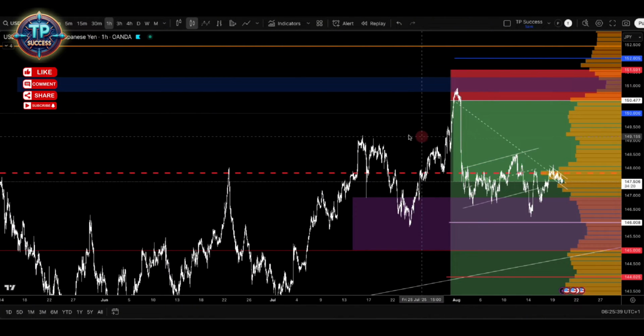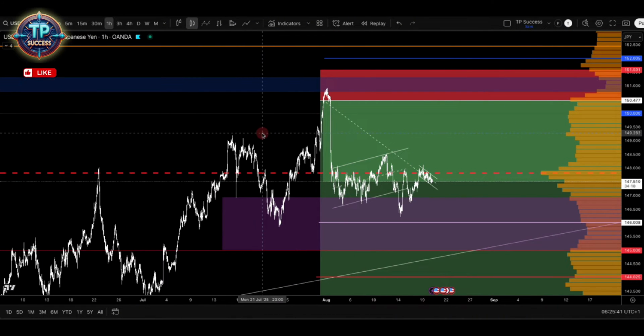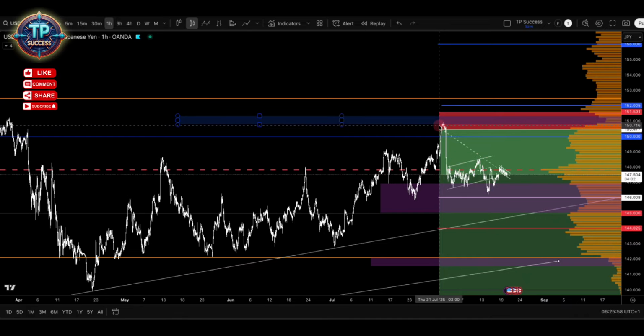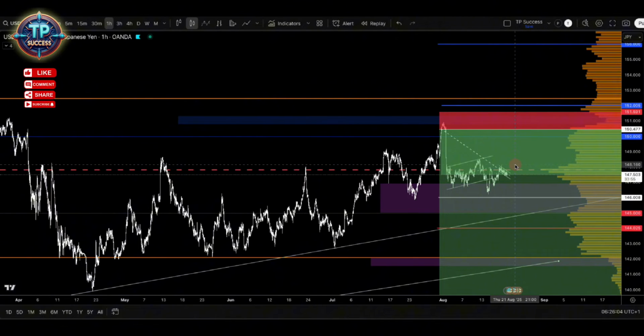So now that we've gotten this one out of the way, in terms of what price is doing now, my whole thing would be something like this. I am of the mindset that so long as price, although there is a possibility that it could push to the upside, I believe first things first, it's going to come into this zone, right?